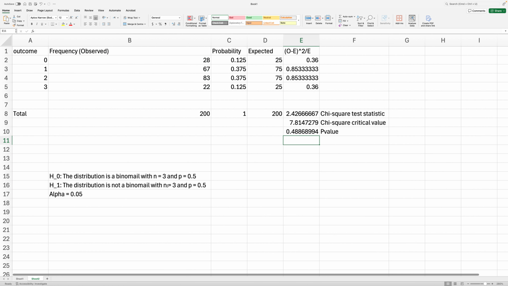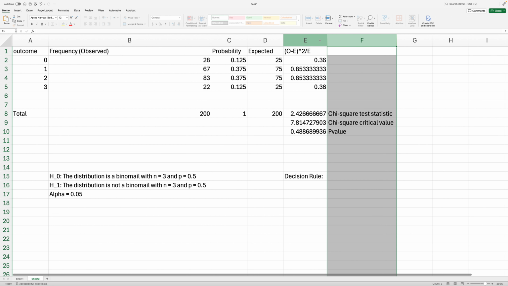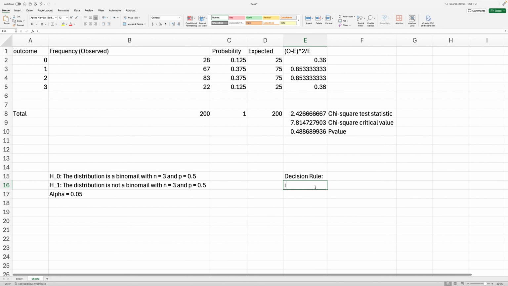To conduct the hypothesis test for this case, we have 2 ways. Either we use the p-value, with the decision rule: if p-value less than alpha, we reject the null hypothesis.